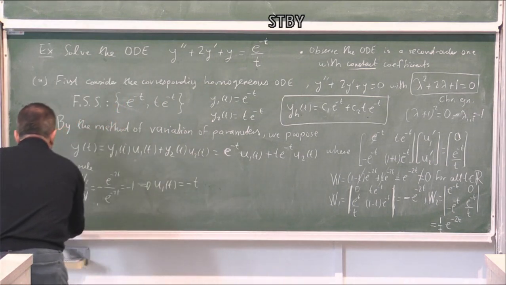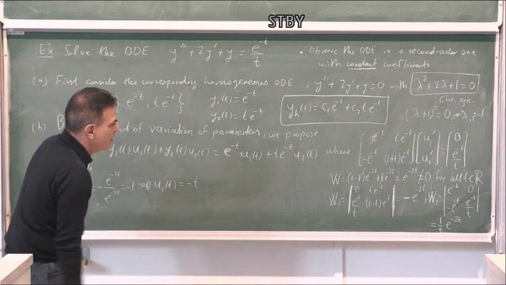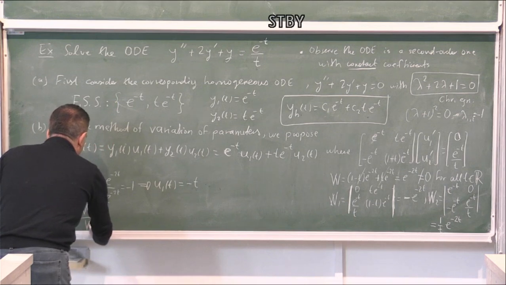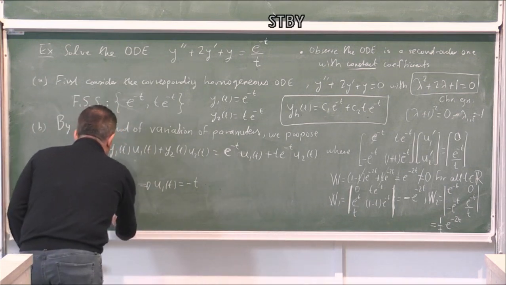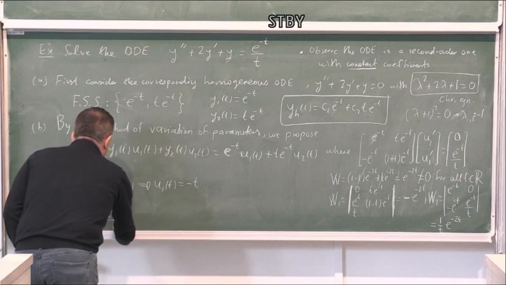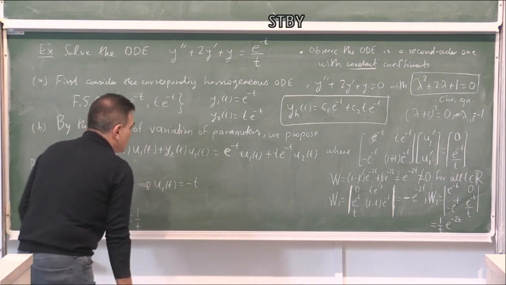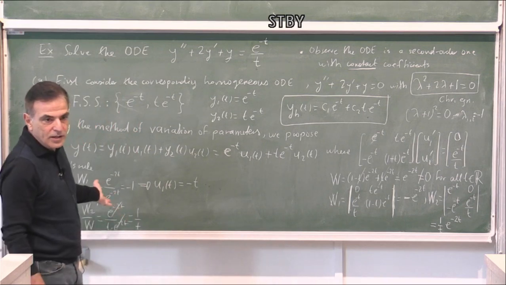And what about u2 prime? u2 prime is omega 2 over omega, which is e to power minus 2t over t, over e to power minus 2t, so 1 over t, correct? So I didn't memorize any formula, as you see.